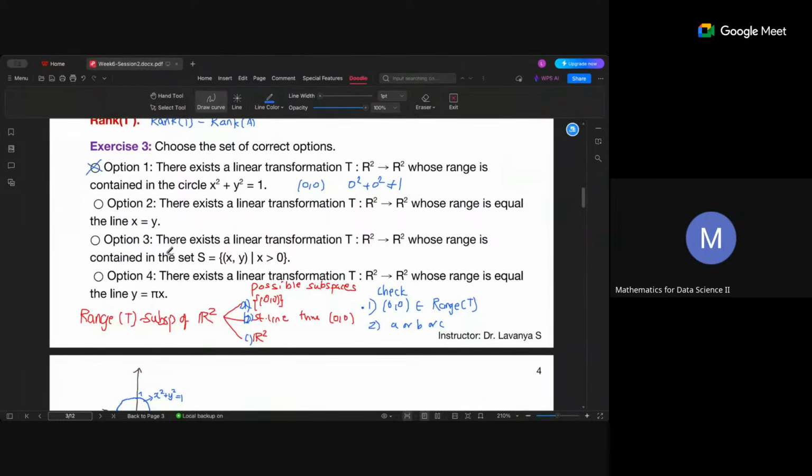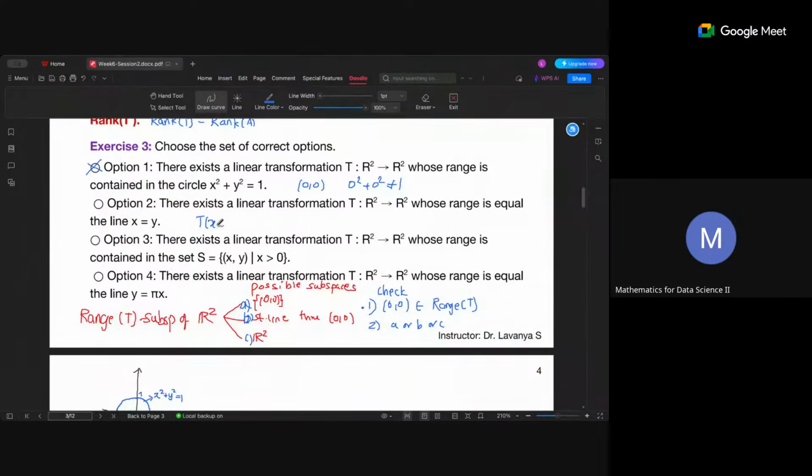Now, this is actually enough, but just to have a better understanding, can you try what should be the transformation whose range is exactly x equals y?